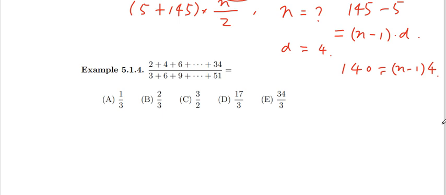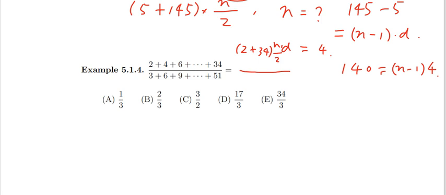Let's say this is equal. So we say this equals 2 plus 34, so n1 over 2. So we need to find how many n.